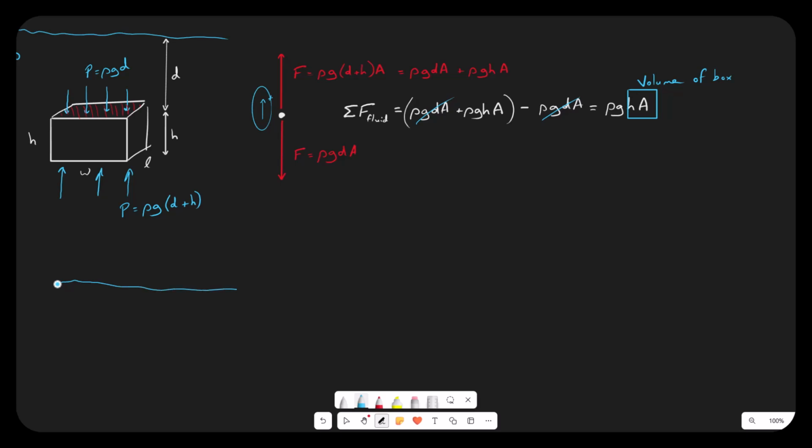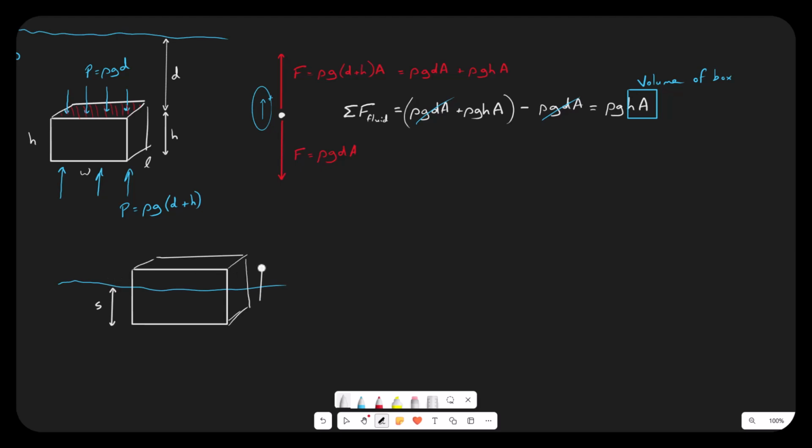If I am underwater partially, so now I am this far underwater. Call that part, I don't know, S for submerged.